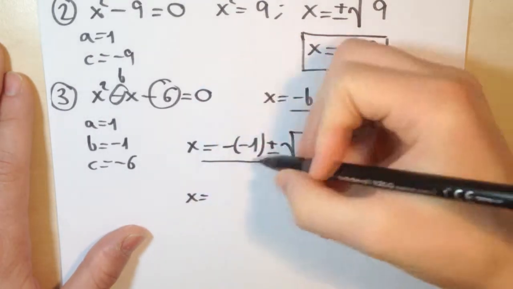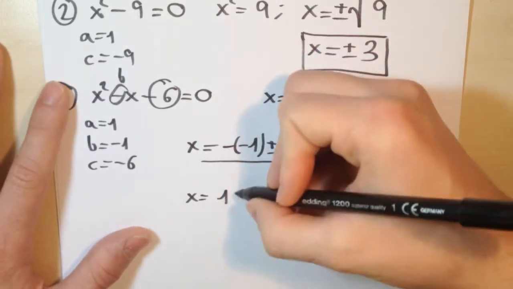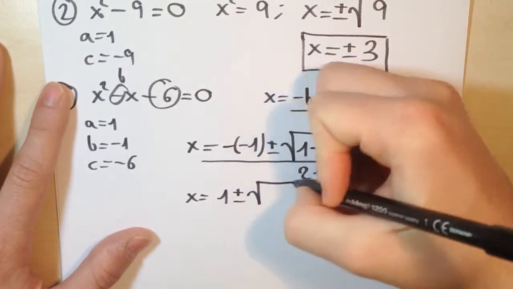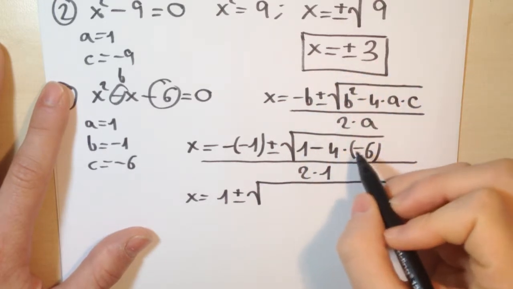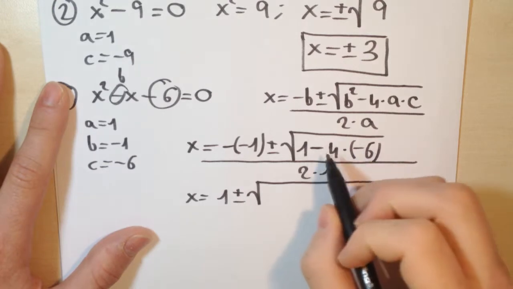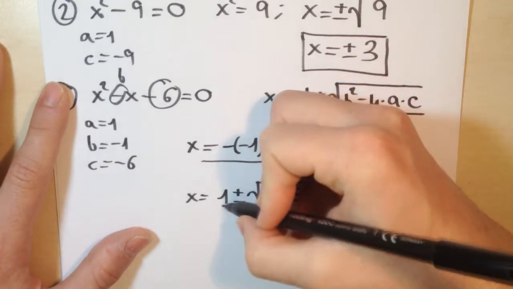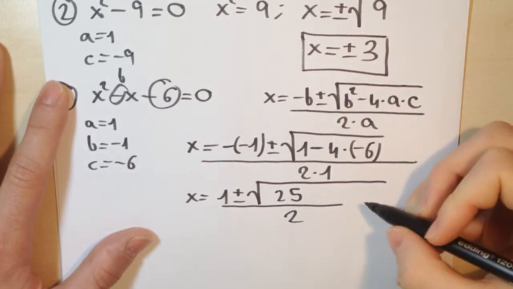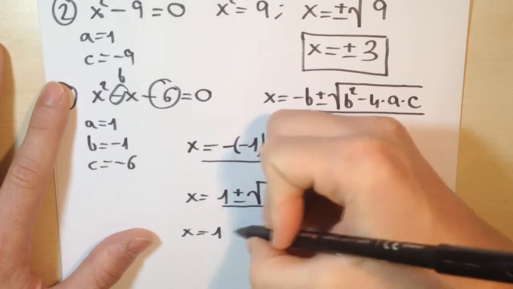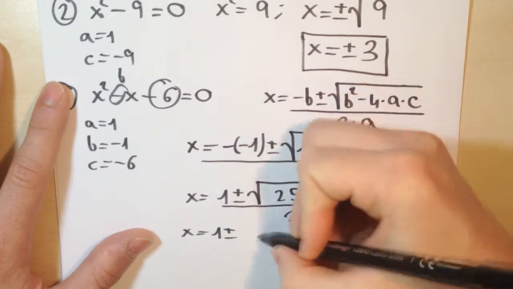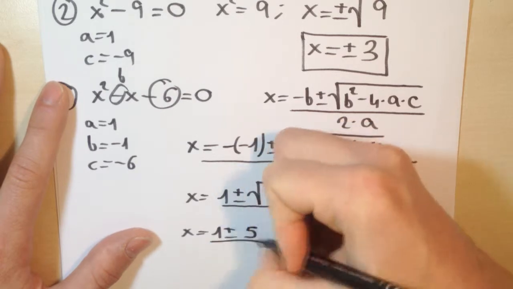So x equals 1, because minus -1 is 1, plus or minus square root of 1 minus 4 times -6, which is plus 24, so it's 25, divided by 2. So we have x equals 1 plus or minus 5, the square root of 25, divided by 2.